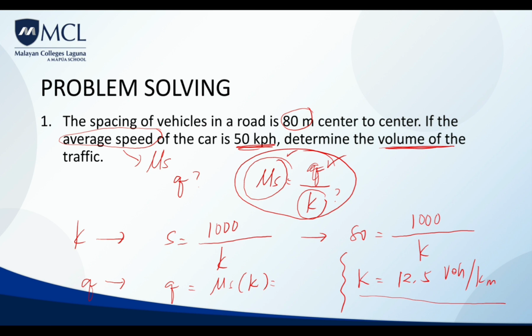So we have 50 times 12.5. What is the value of Q? Therefore, we have 625 vehicles per hour. That's our answer for number 1.